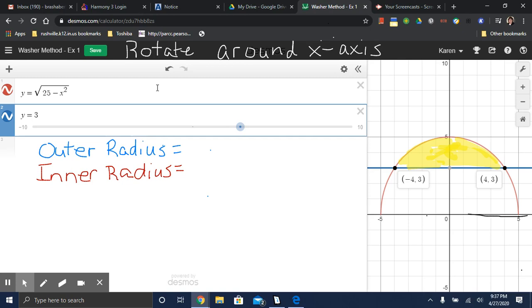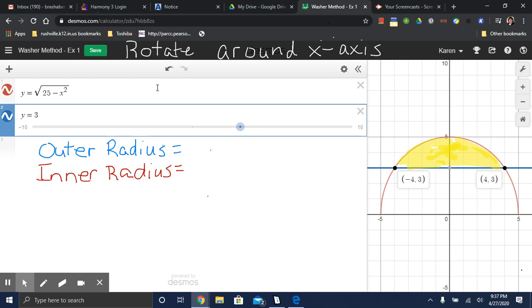So you can see right here is the x-axis, and we definitely have a region that is not connected to that x-axis. So what's created is a hole, and so we're going to define two radius values. The first one we're going to call the outer radius.